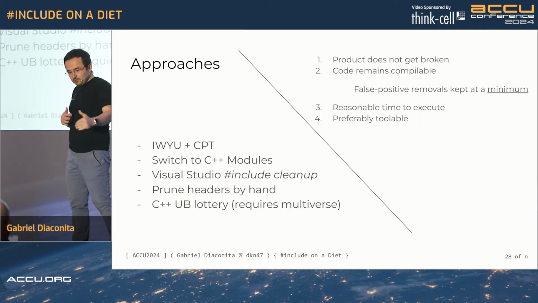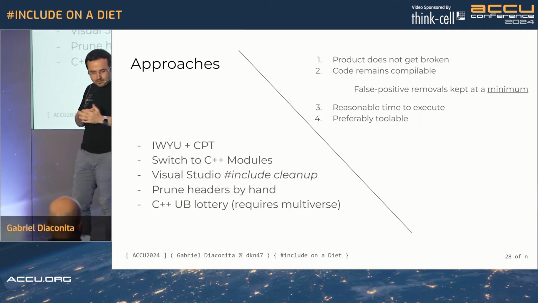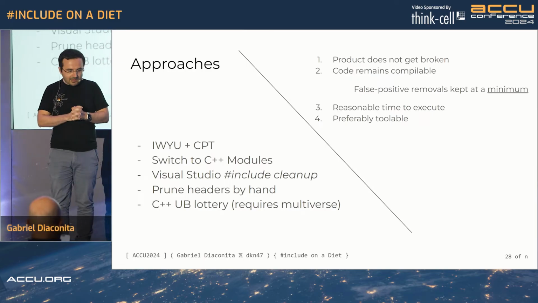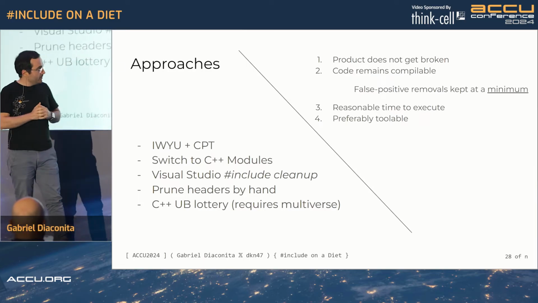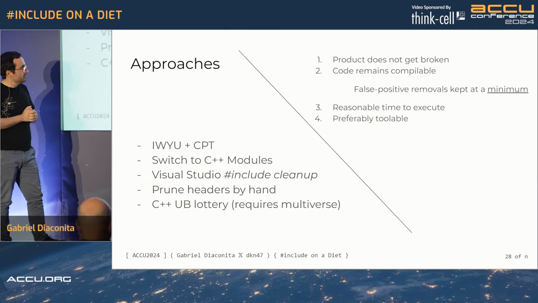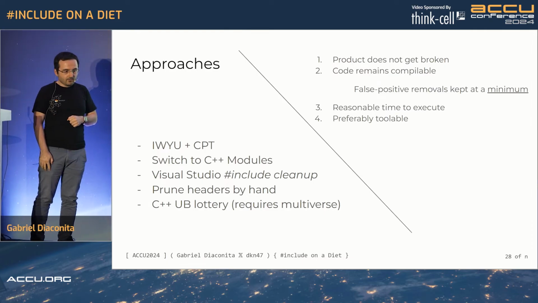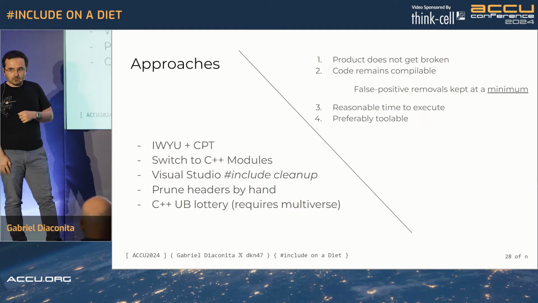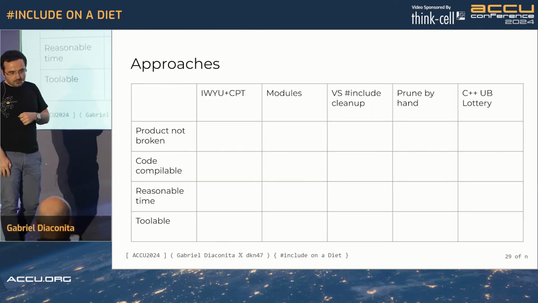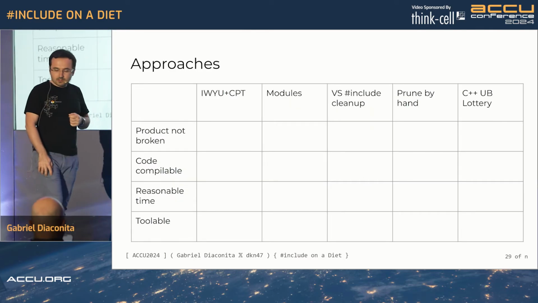And we need to make a sort of table in which we compare these approaches given the goals that we have in mind when doing a modernization step. So let's take a look at this table.